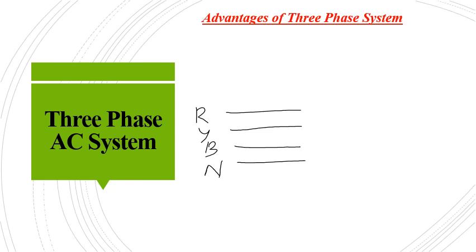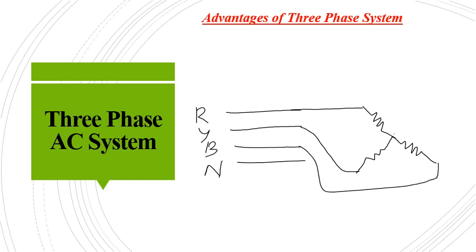In the case of three-phase, the loads can be connected like this: one end connected to the R phase, the second to the Y phase, the third to the B phase, and the common point to the neutral. Here we can see that only 4 conductors are used, and all the loads are connected between a phase and the neutral.